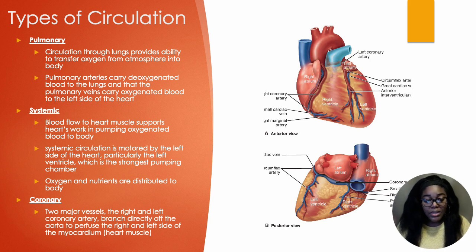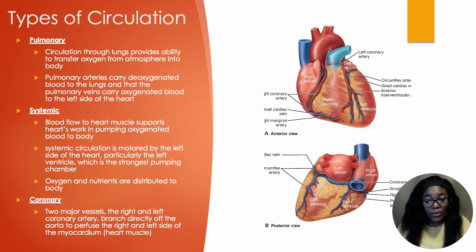So systemic circulation is really powered by the left ventricle. As I've mentioned with the pulmonary circulation, eventually that oxygenated blood goes through the left side of the heart. Once it reaches that left ventricle, the left ventricle squeezes really hard, and that's the most powerful part of the heart.